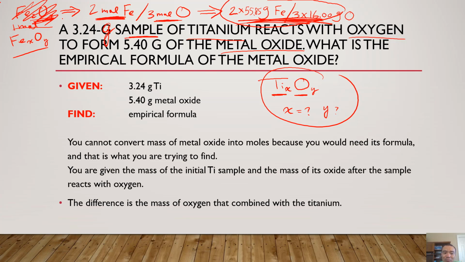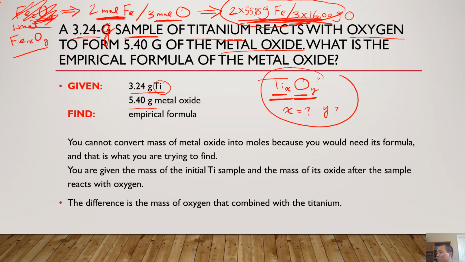So in this example, it has titanium and oxygen. We need to find out what the X is, what the Y is, X and Y being the smallest whole number ratio, okay? So for the first step, we need to know how many grams of each element. Titanium, we know it's 3.24, which is given. But how many grams of oxygen?